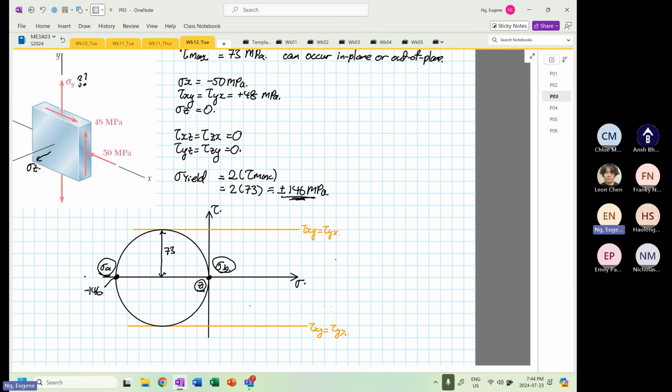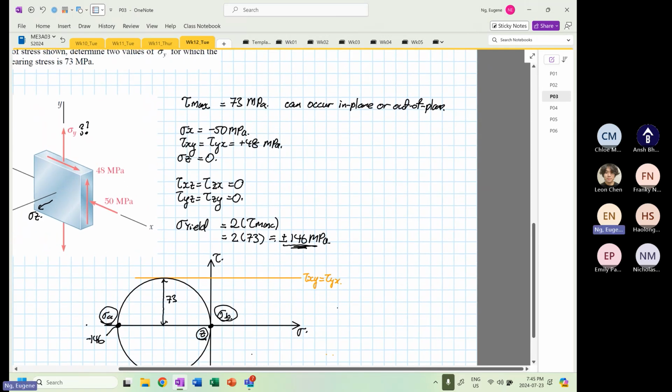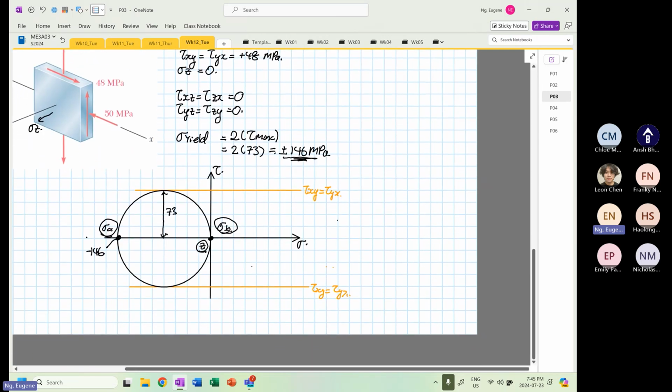So what I'm going to do now is use the condition that the maximum shearing stress allowable is 73, and the normal stress allowable is 146. You just multiply by 2, because if this is 73, this is also 73, together is 146.